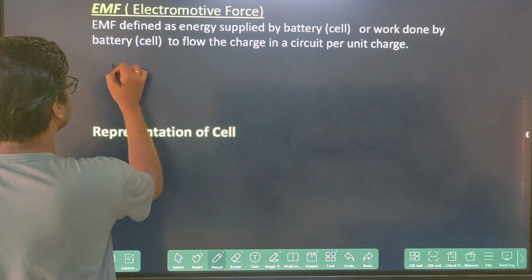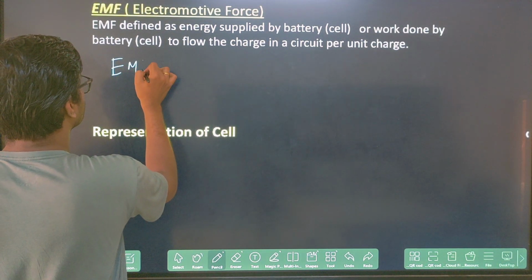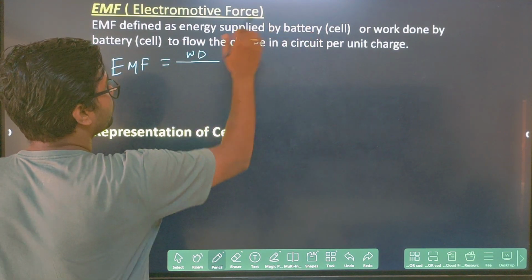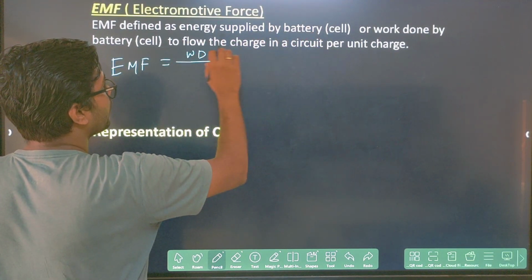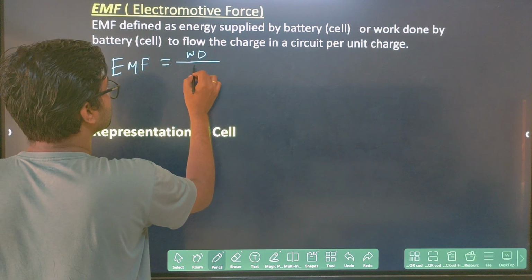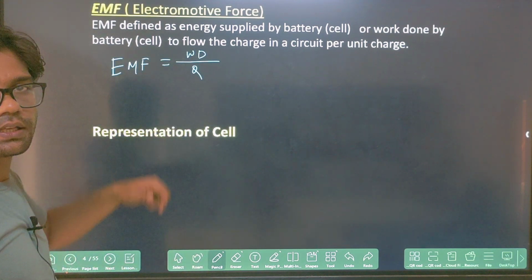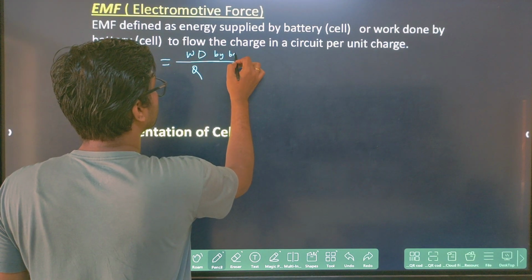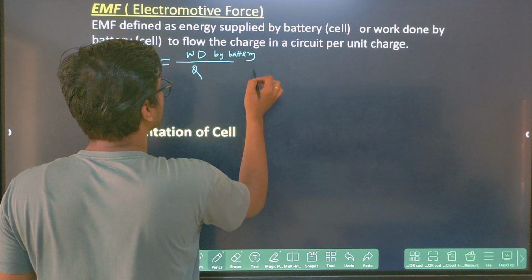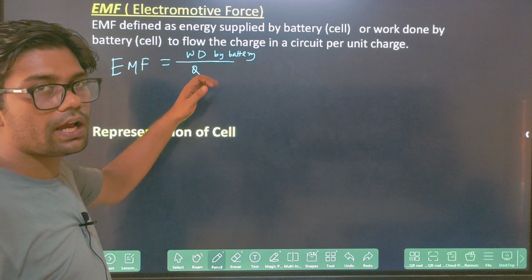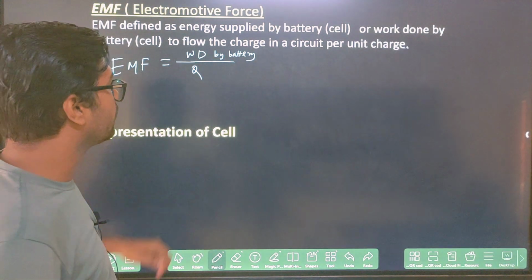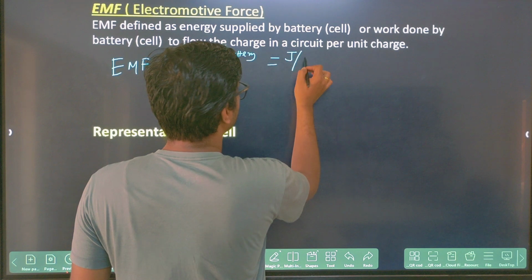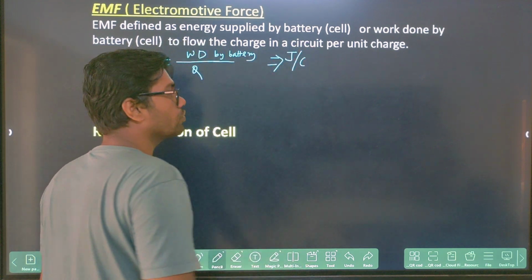So EMF is equal to work done by the battery to move a charge per unit charge, work done divided by Q. If I ask you what the unit should be, you will say joule per coulomb.